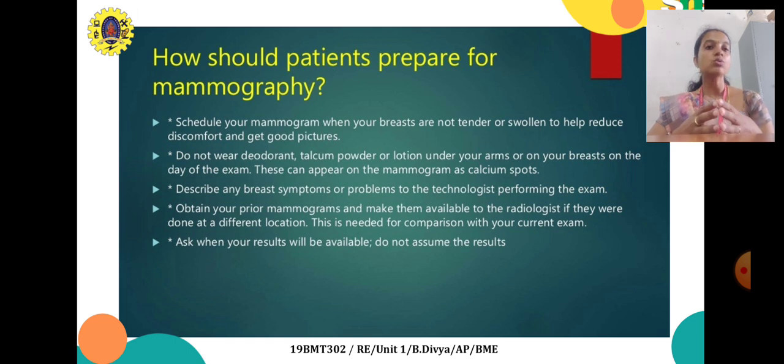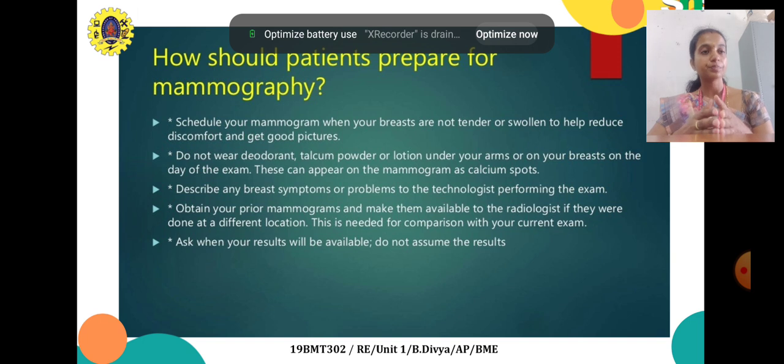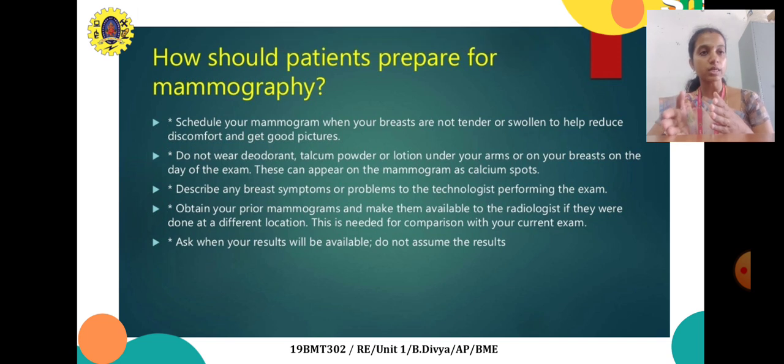This is needed for comparison with your current exam. If the mammogram has been done in another place previously, we have to take the report, because comparison of the reports is very important.